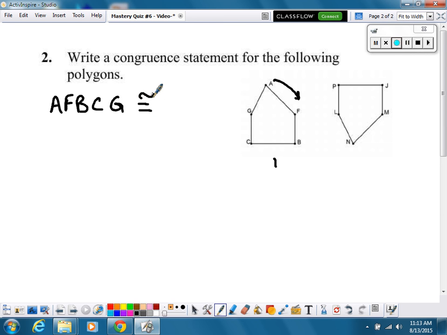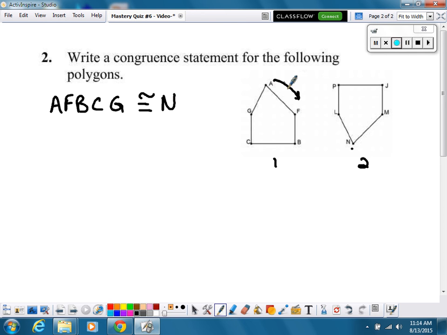Now, since I chose the A to begin naming the first pentagon, I've got to figure out, okay, in that second diagram, that second pentagon, what's going to be corresponding to A? Well, I think we can all see that it would have to be the N. So I would have to start my second pentagon naming with point N. And now I have to be a little bit careful, because in the first one I used the longest side.